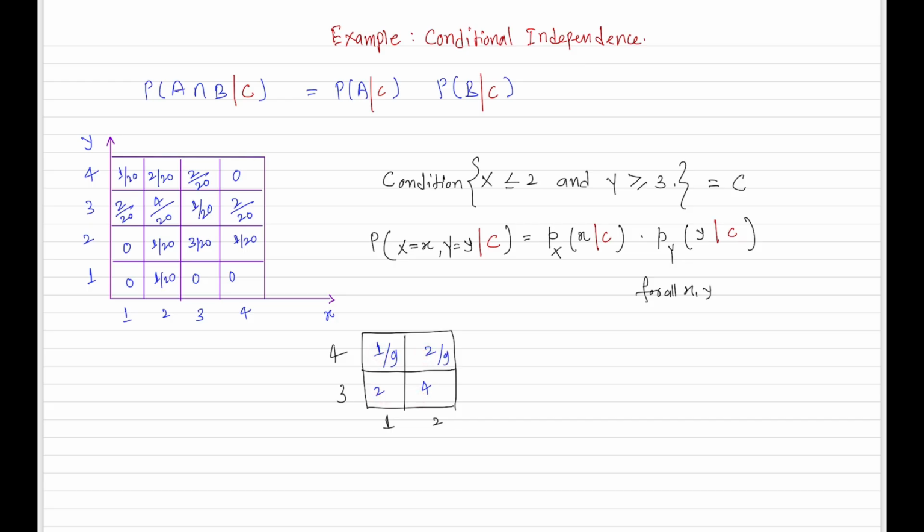So that this conditional probability is a legitimate probability. When you add all these probabilities, they should add up to 1, right?